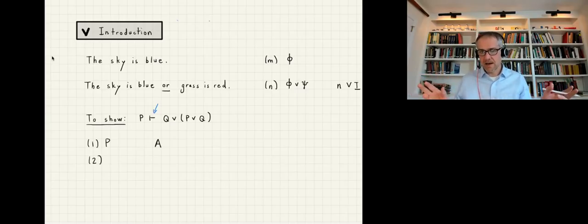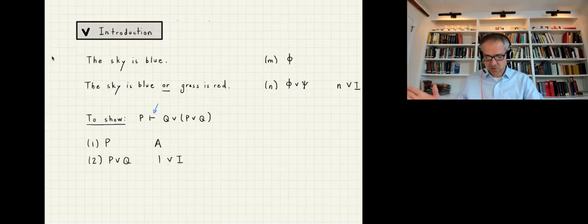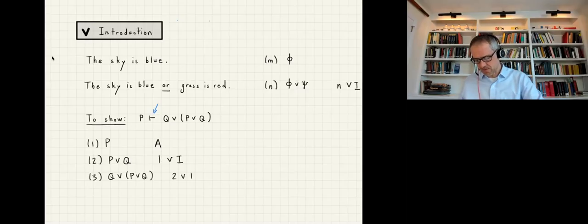From line 1, I can't just throw everything around P in one step, but I can get there in 2 steps. So what I can do, I can first disjoin with P or Q, so that's one or introduction. And then I can disjoin with Q again on the left to what I got on line 2. So now I can do Q or P or Q, and that's 2 or introduction.